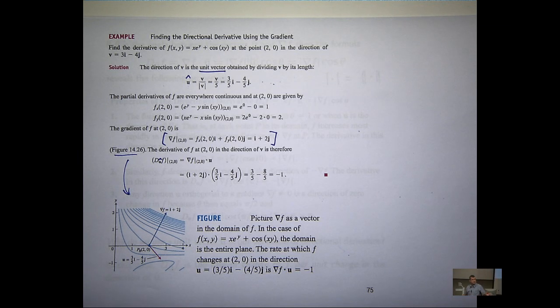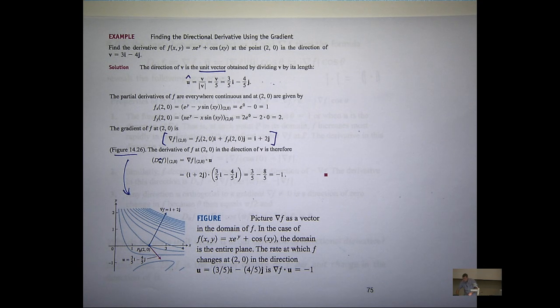Can anybody have a guess at what the surface might be doing if I stand at that point and look in the direction of the unit vector, or the vector v, say? We've got a negative answer. Can anyone have a guess at what the surface might be doing in that direction? Yes, right, because the derivative's negative.